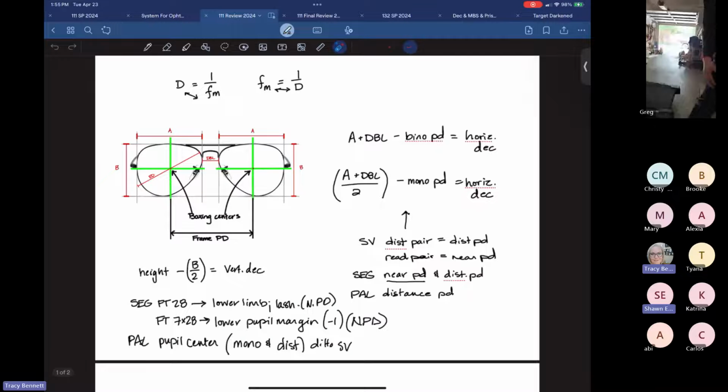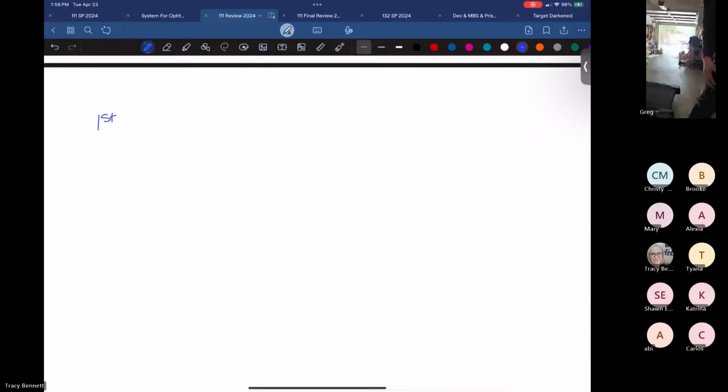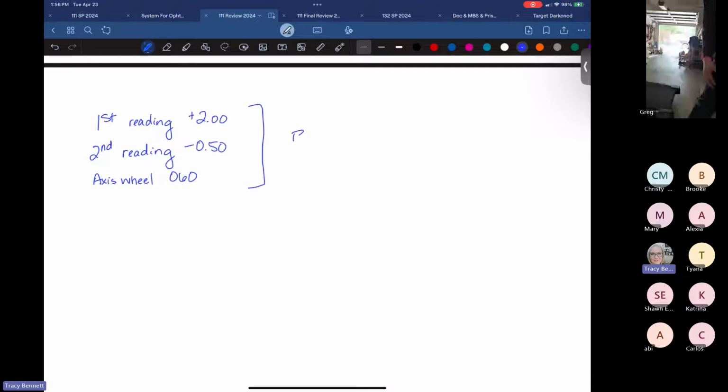If I've got, let's say something like my first reading is +2, and second reading is -50, and the axis wheel is 160. Take these and put this in Rx form.